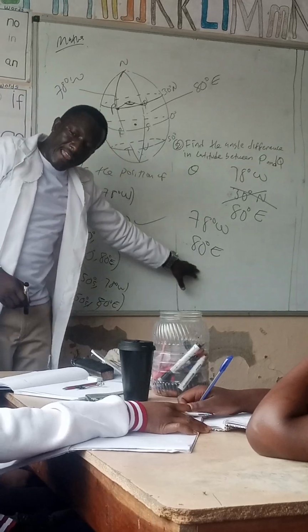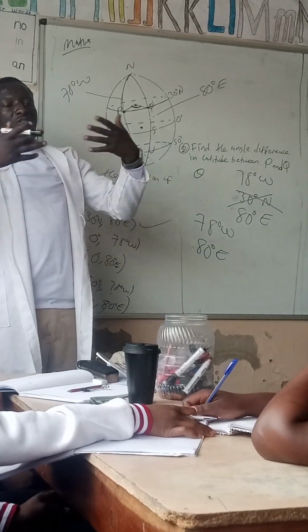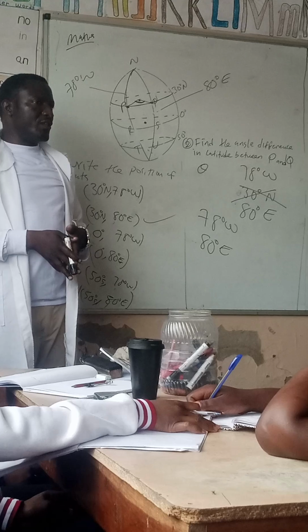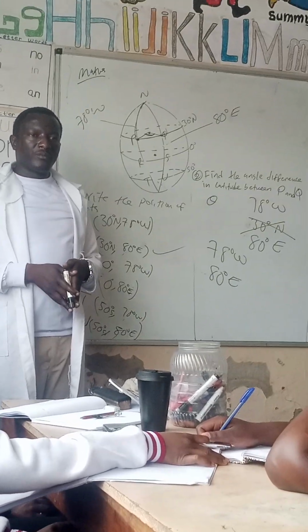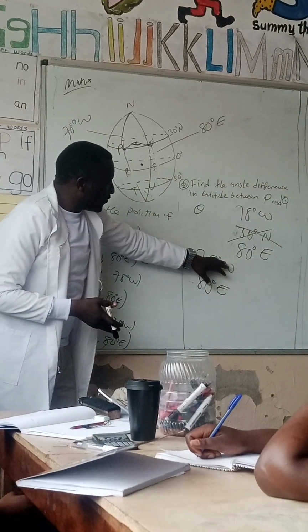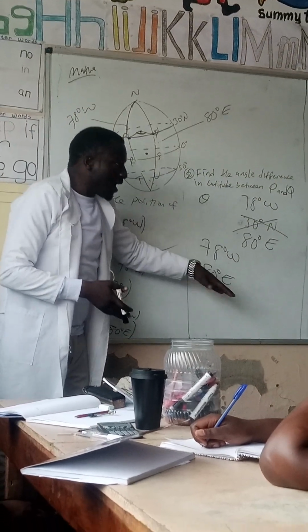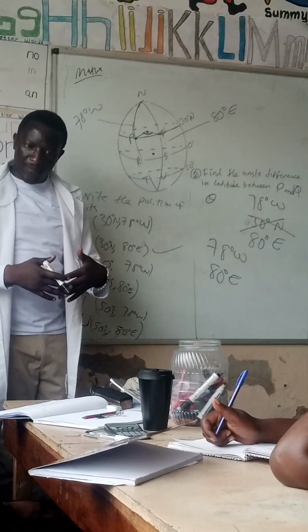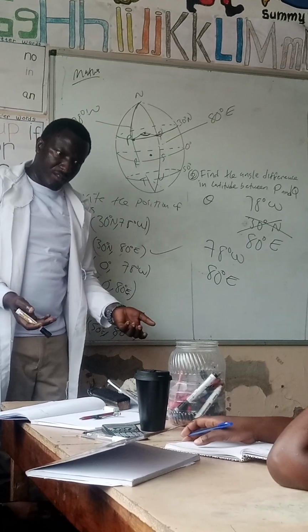It's either we add them or we subtract them. So there are rules here. When you have points or angles on the same hemisphere, we subtract.